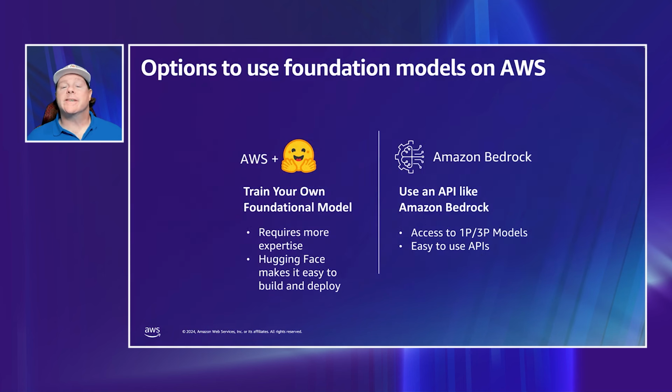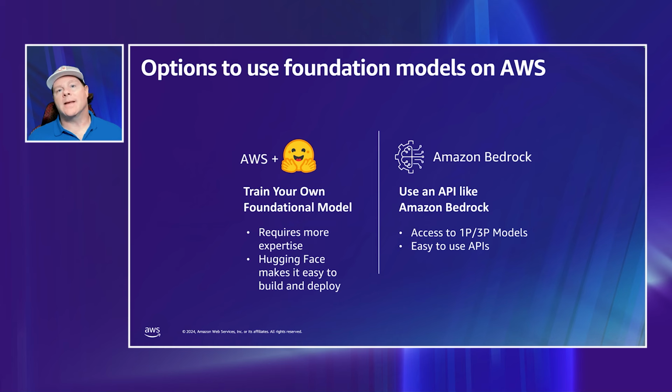So here are some options to actually use these foundation models on AWS. You can deploy Hugging Face models directly from the Hugging Face Hub on AWS using something like Amazon SageMaker. Sometimes this does require a bit more expertise and a little bit more configuration. And so the other option that's very popular is to use Amazon Bedrock.